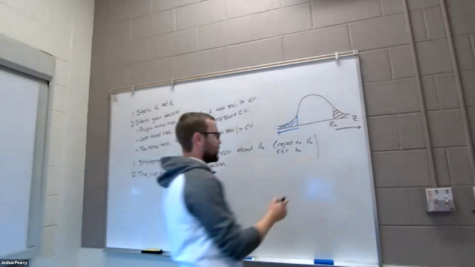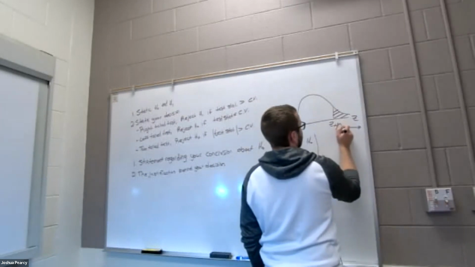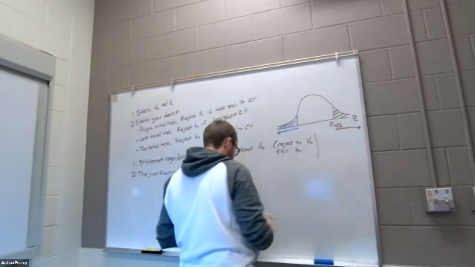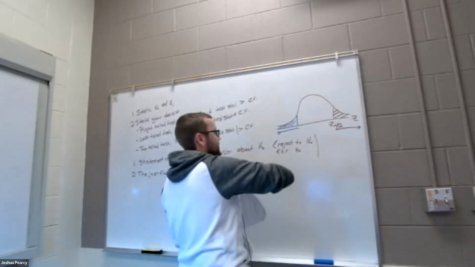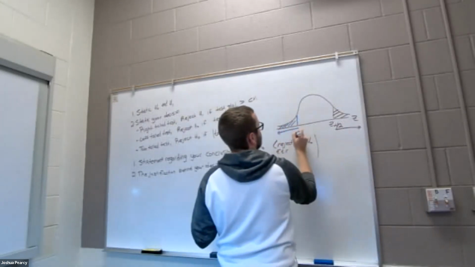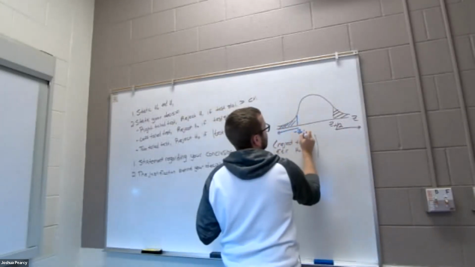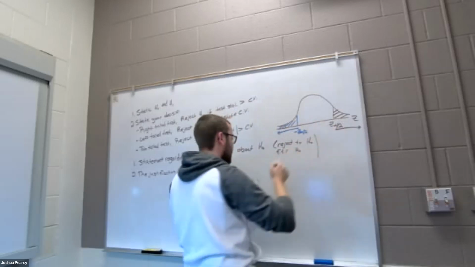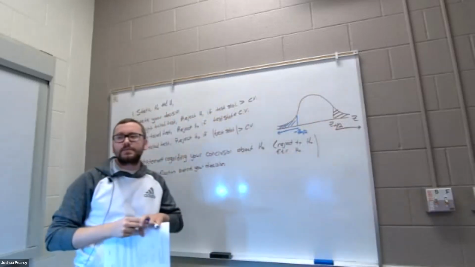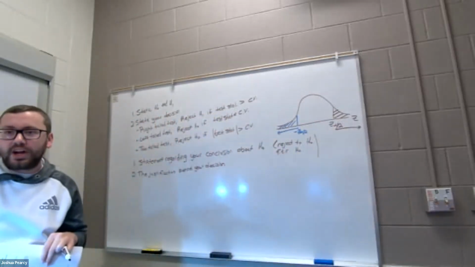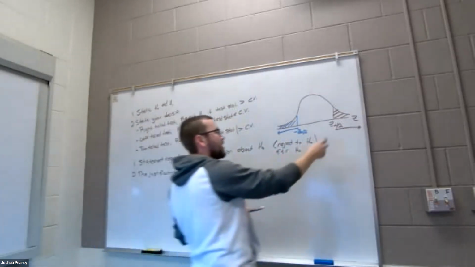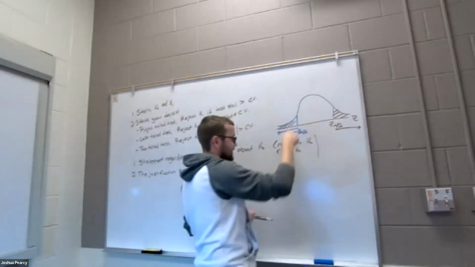So if I have two critical regions here, here's Z alpha over 2, and let's say negative Z alpha over 2 over here. These two regions represent my rejection regions, correct? So I'll reject the null hypothesis for any test statistic greater than this or less than this.